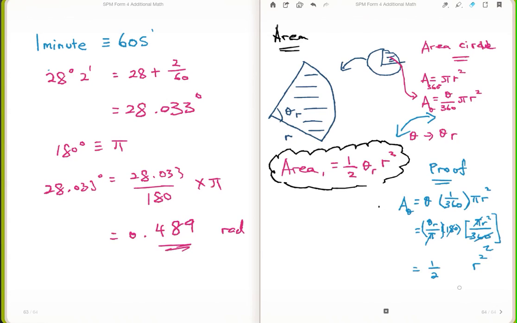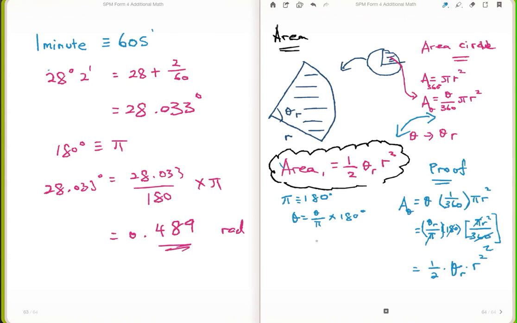Now it looks so simple here, but I would recommend that you all try to prove it. It's a matter of angle conversion. If you were to have theta angle, and you know that pi is equivalent to 180 degree, so theta will therefore equal theta over pi times 180.